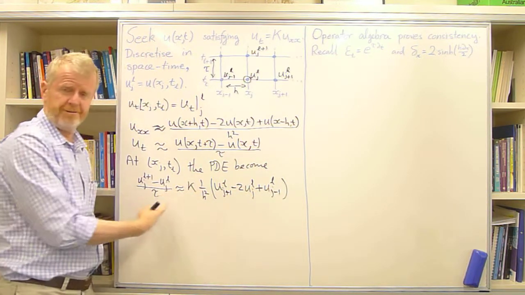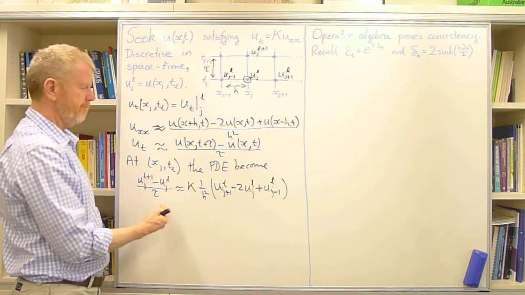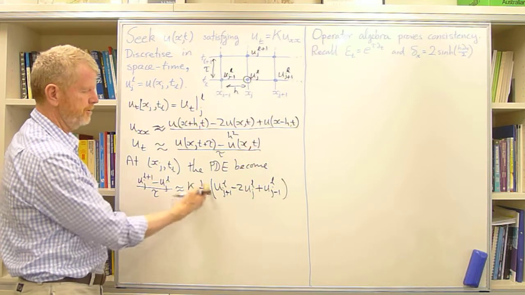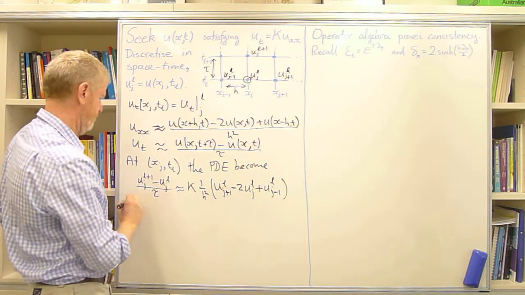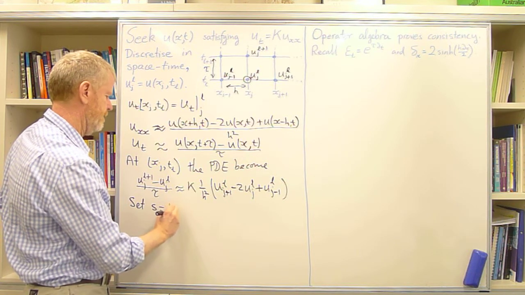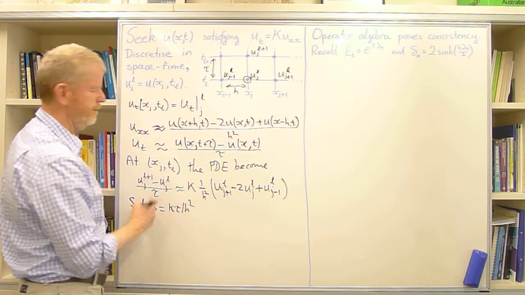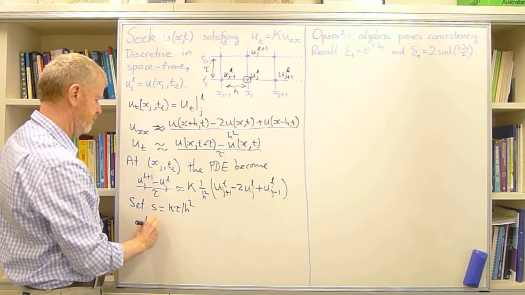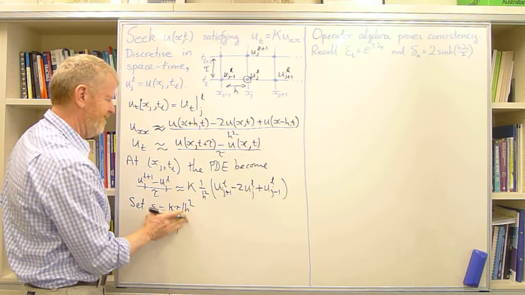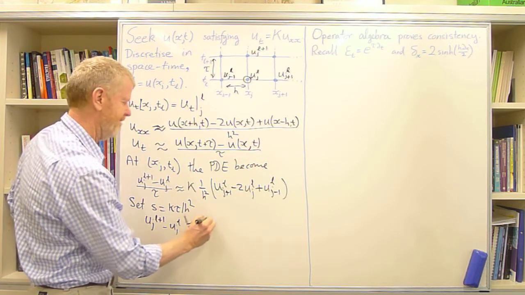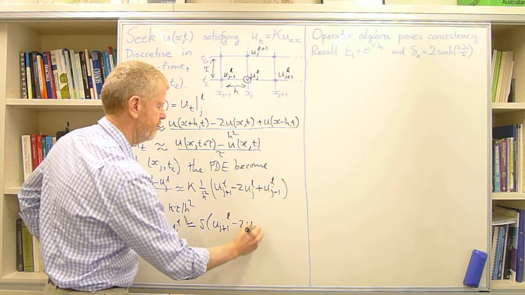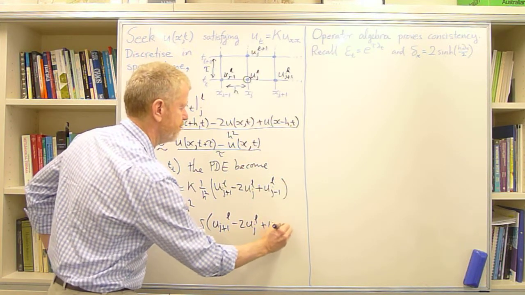Right, this is the discretization. It's more convenient rearranged. Multiply by tau, and then call this combination S. So we set S to be k tau over h squared, and then this equation becomes u j l plus 1 minus u j l is equal to S times u j plus 1 l minus 2u j l plus u j minus 1 l.